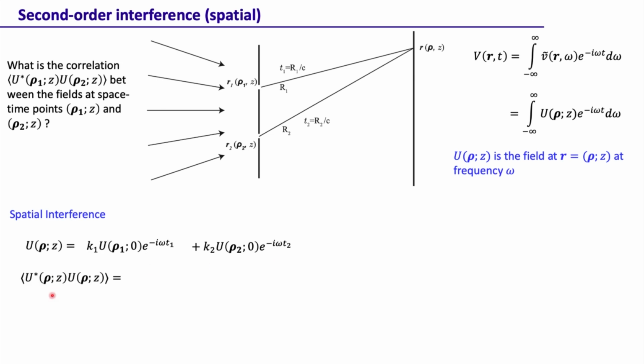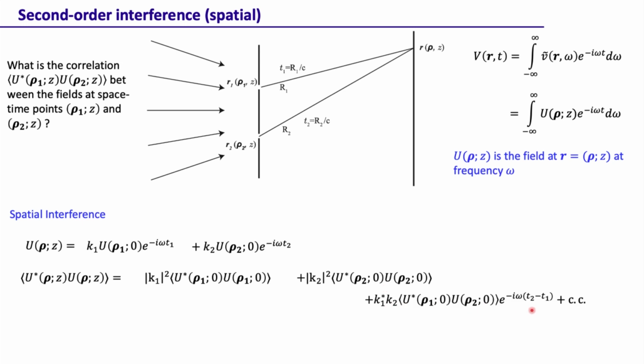Now if we look at the intensity at rho z, that's this quantity U star(rho, z) U(rho, z), and if we just calculate it, we find that it has |K1| squared U star(rho 1) U(rho 1), |K2| squared U star(rho 2) U(rho 2), and then two cross terms. So we see the intensity at rho z has a component of intensity from rho 1, 0, a component of intensity from rho 2, 0, and then the cross term which represents the field correlation between these two points.